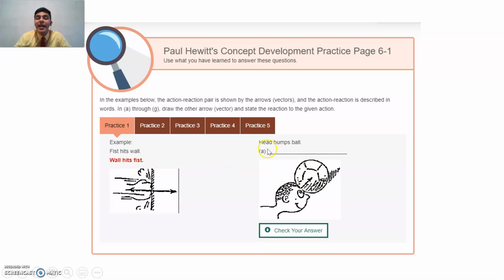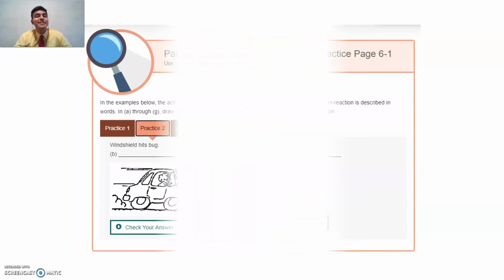In this one, it says head bumps ball. If we turn it around, it will be ball bumps head, because a force coming from the ball is going to hit the person's head as well. So remember to signalize it with an arrow coming right here, in the exact opposite direction. Let's continue.